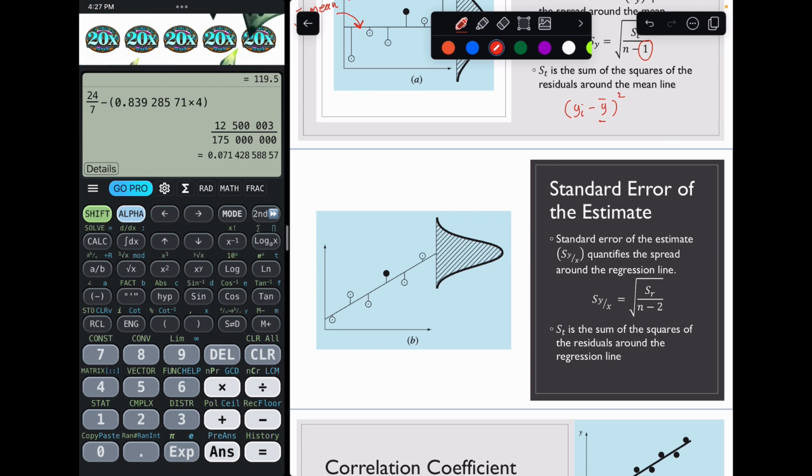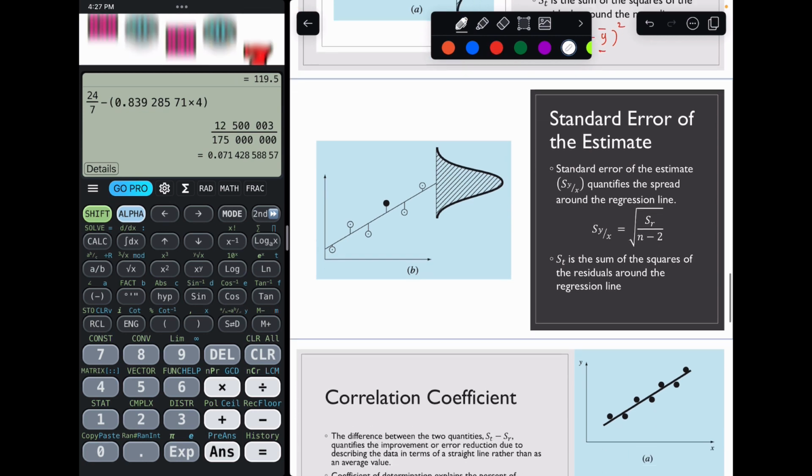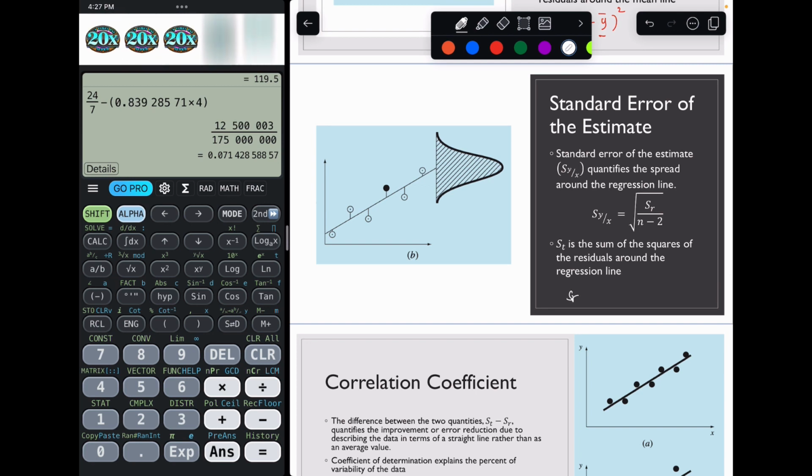This one can be taken by taking S sub r. By the way, S sub r is the sum of the squares of the residuals around the regression line.